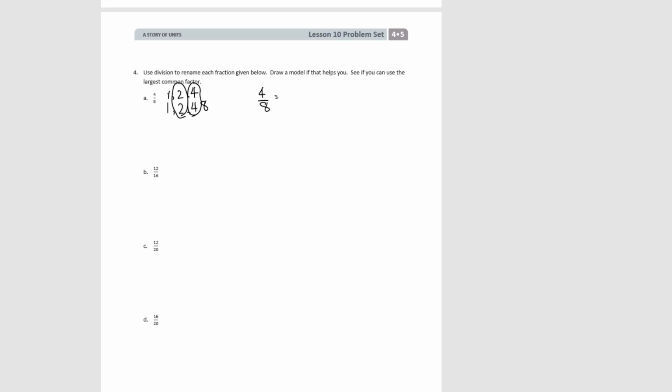So I'm going to divide by 4. And I get 4 divided by 4 is 1 and 8 divided by 4 is 2. So I get 1/2. And unit fractions are always in simplest form because 1 only has 1 as a factor. Pause the video and try B.